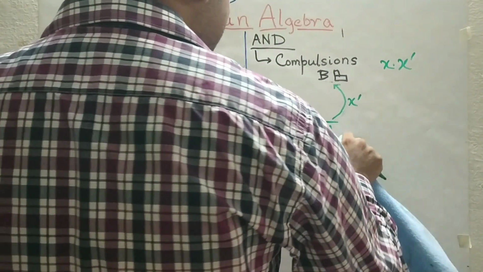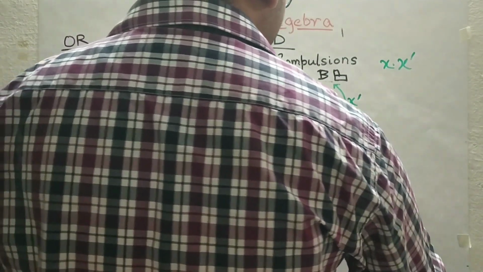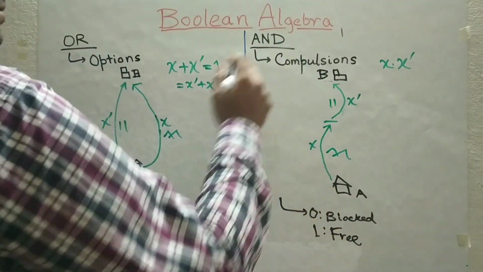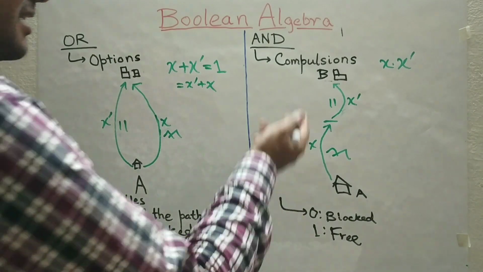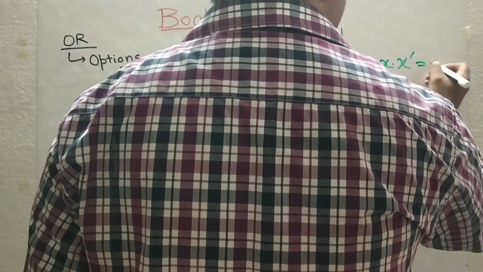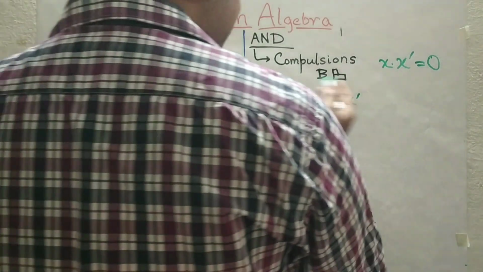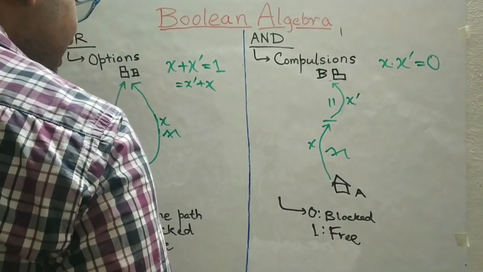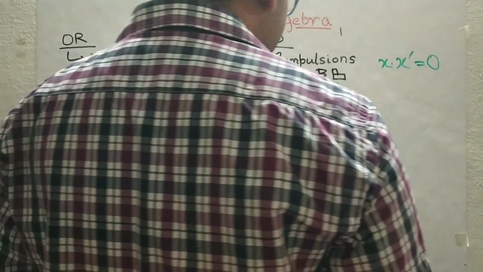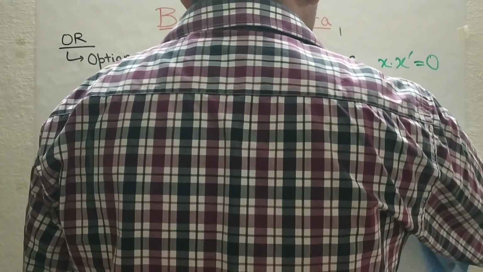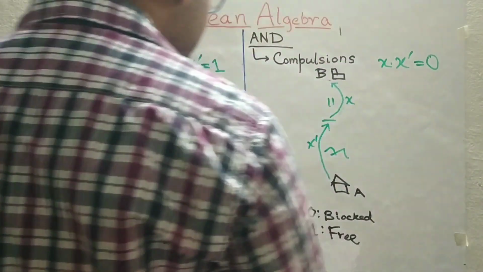If x is blocked and x naught is free, then can you go from A to B? No, you cannot go, again it is blocked. So this is always blocked. Even if one of them is free, the other is blocked. So this path is always blocked. And again it does not matter, you can just replace this x with x naught and this x naught with x. It does not make a difference.